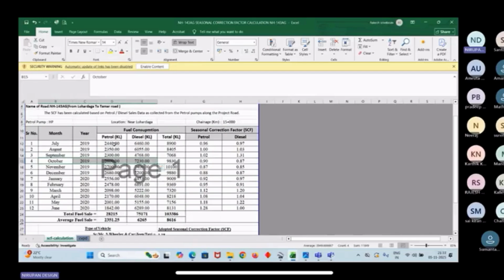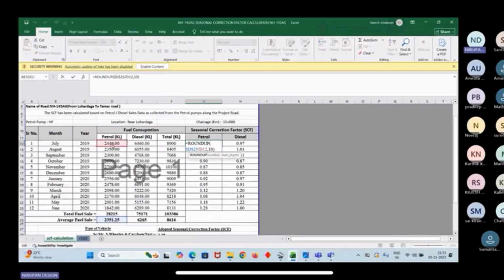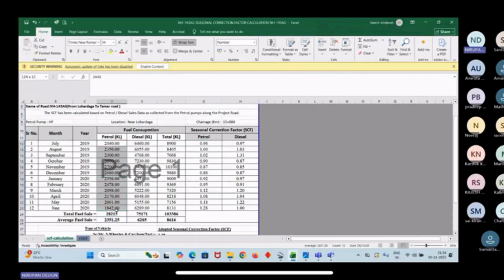You can see here the total petrol consumption in July, diesel consumption in July, so in total this is one. So how will we find this correction factor? See here, 2440 is the consumption of petrol in July, and the total average, this is the 12-month average I have found.